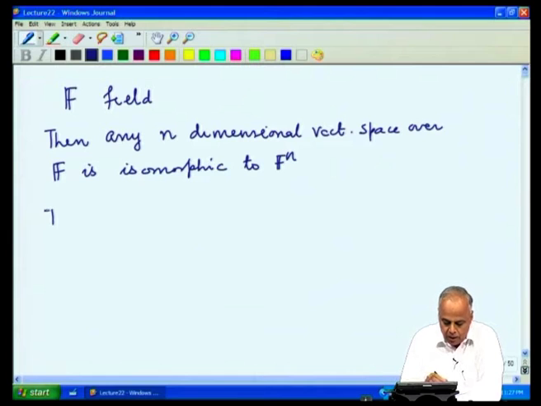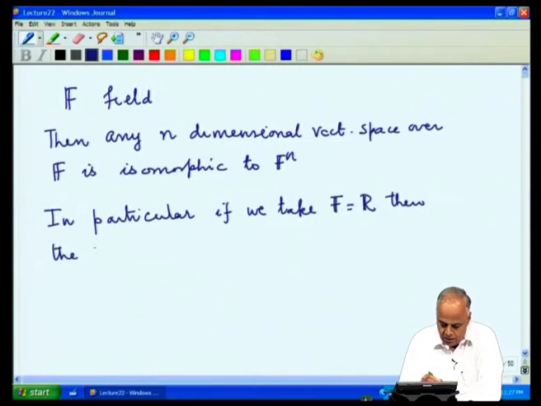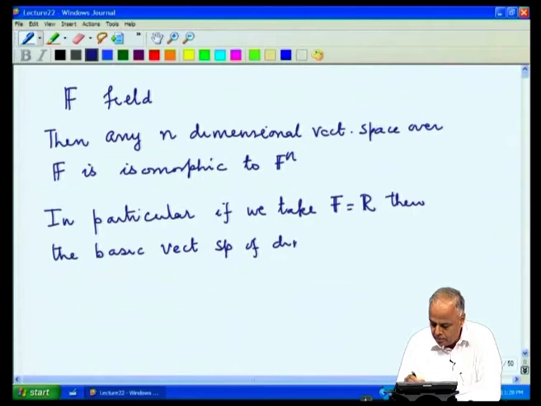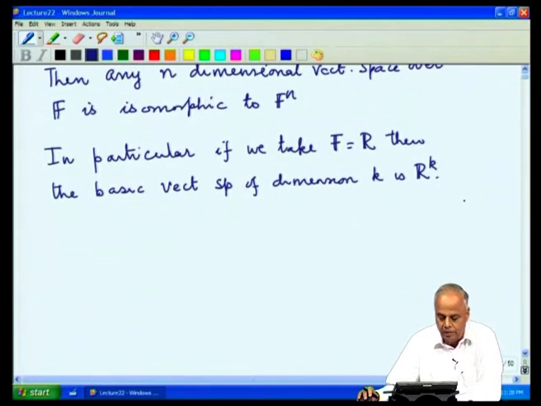Now, in particular, if we take F to be the field of real numbers, then the basic vector space of dimension k is R k, and it is because of this reason that we study R k in great detail.